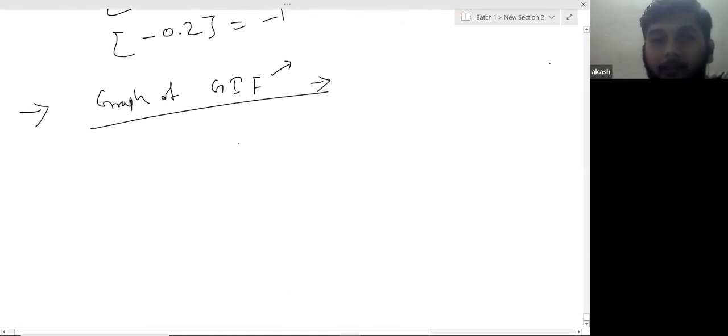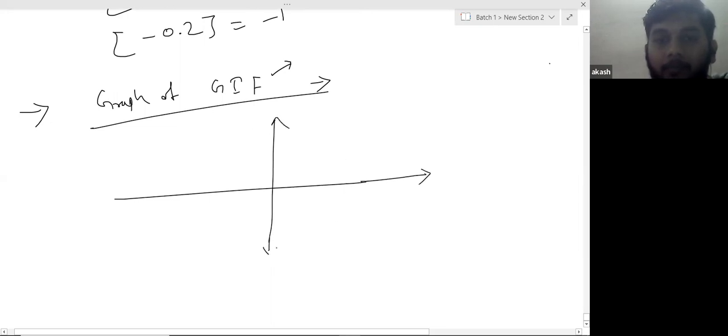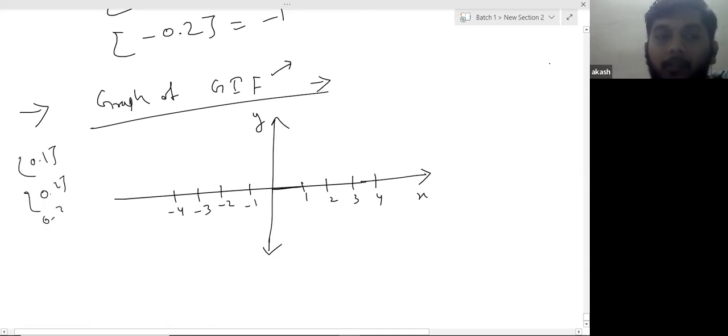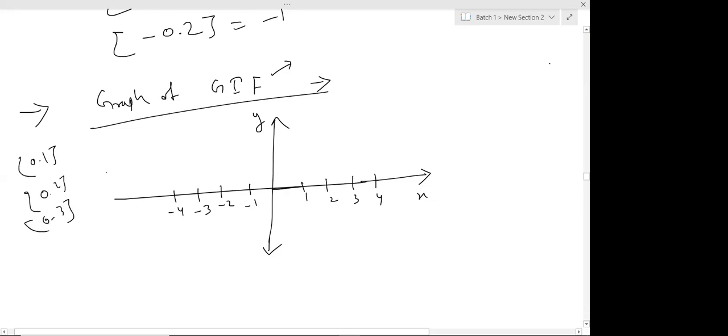So how to draw the graph. If I put any value from 0 to 1, 0.1, 0.2, 0.3, like that, what will be the value of GIF? 0.